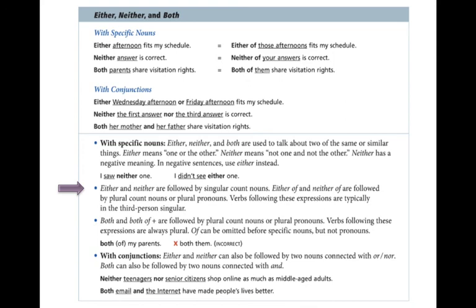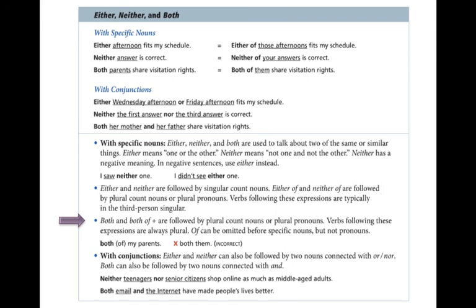So pay attention to this subject-verb agreement with either and neither. Both and both of are followed by plural count nouns or plural pronouns. Verbs following these expressions are always plural. You know why? Because both means two, or two is a plural expression.